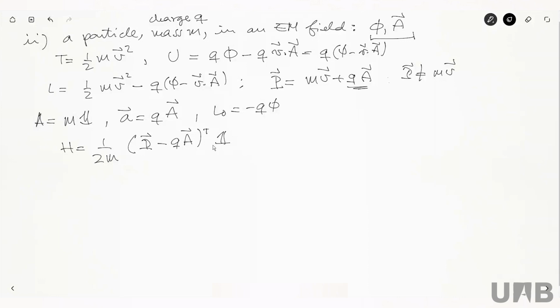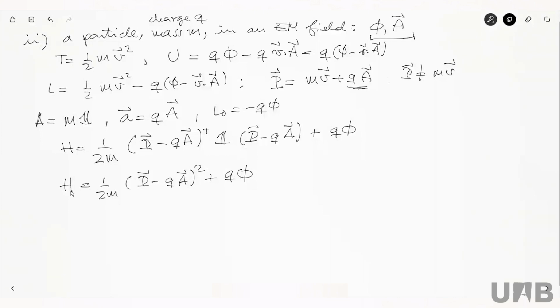And this is the unit matrix, because this is going to happen for each component of this vector, times P minus QA, plus Q phi minus L0. Okay, so this is the same as 1 over 2m, P minus QA whole thing squared, plus Q phi. This is the Hamiltonian.